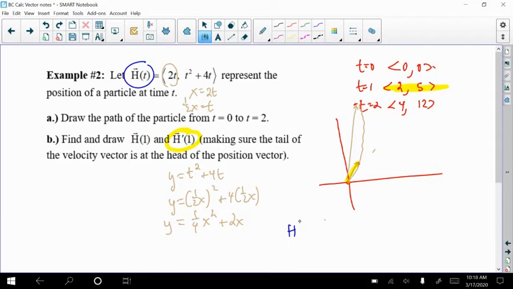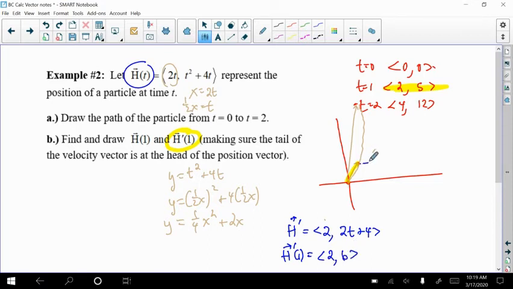So h prime of this vector valued function is equal to 2, because that's the derivative of 2t, comma, 2t plus 4. So then I'm going to evaluate the derivative at 1. So the derivative at 1 is equal to the vector 2, comma, 2 times 1 is 2 plus 4 is 6. So I have the vector 2, comma 6.